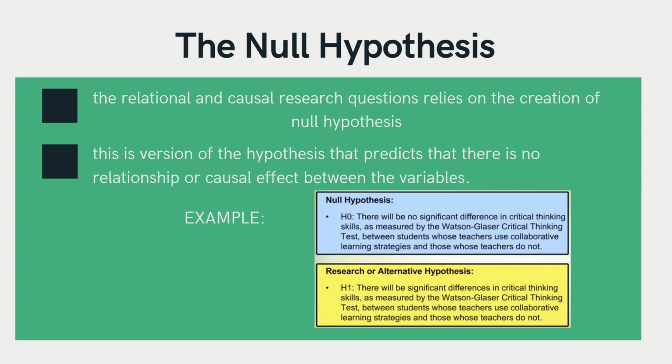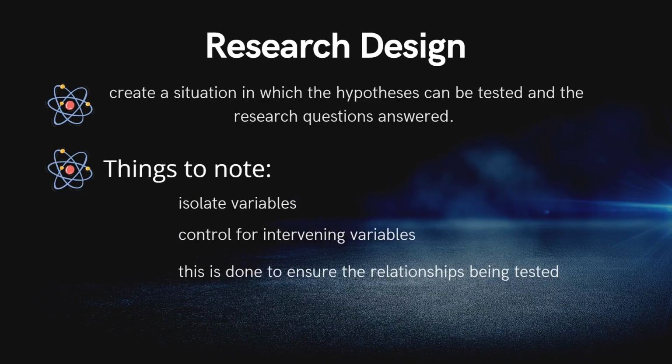Again, the purpose of this is to establish objectivity in your conduct of research. The steps that you conduct in statistical tests are really rooted in the null hypothesis. You are assuming that there is no relationship between the variables you are studying in order to establish that objectivity, right? So let's now proceed to the next topic, research design.